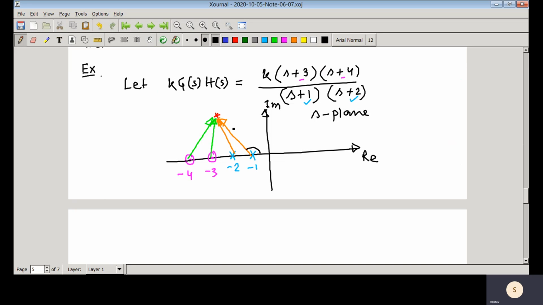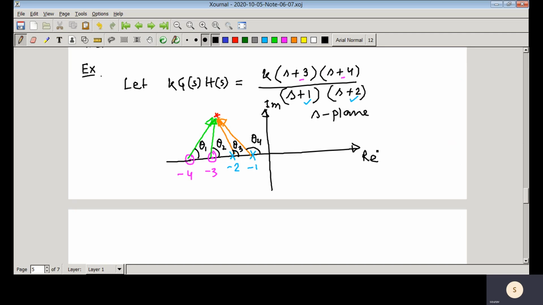This is one angle, suppose this is theta 4, and this is angle theta 3, and this is one angle, theta 2, and this is angle theta 1.